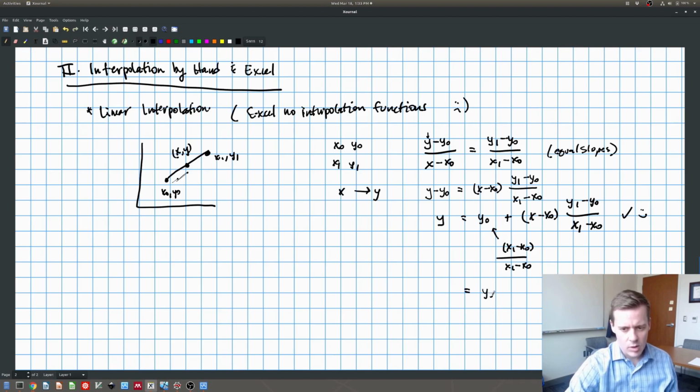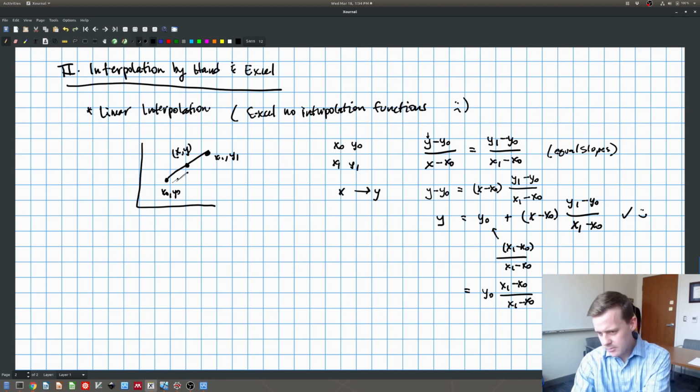So now I have y0 multiplied by x1 minus x0 divided by x1 minus x0, plus x times y1 minus y0 divided by x1 minus x0, minus x0 times y1 minus y0 divided by x1 minus x0.